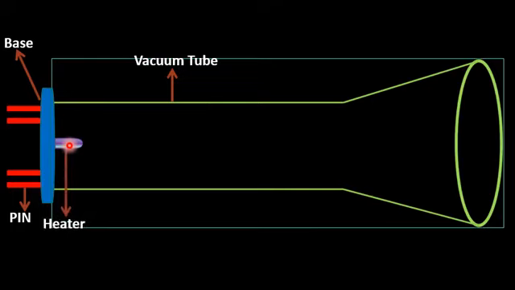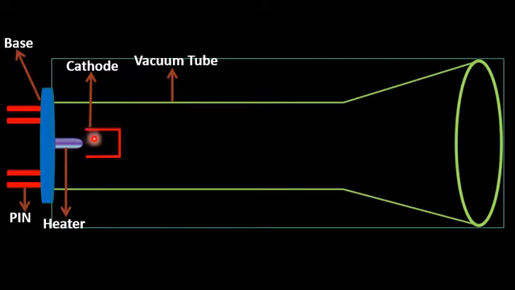Dear student, please note that the heater of the cathode ray tube is encapsulated with a cathode. The cathode is made of a material which can easily emit electrons. Usually they are based on filament materials like tungsten.